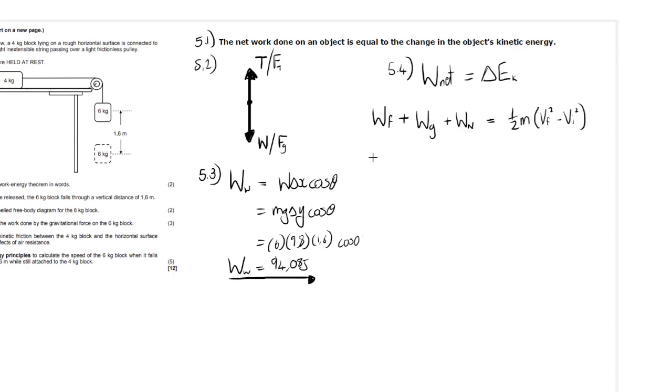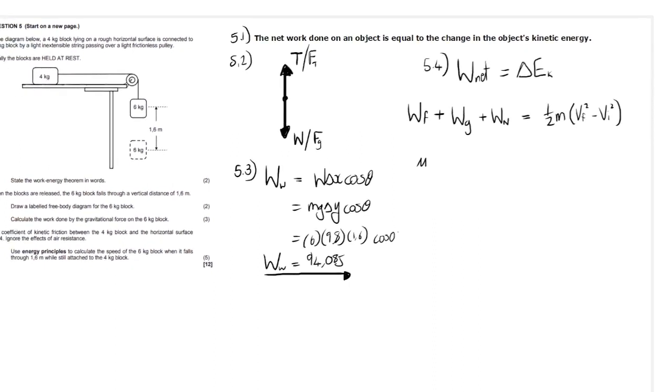We have the work done by friction. That would be the coefficient of friction, which they give us. The coefficient of friction given is 0.4. The work done by friction is the force of friction, so that's mu times normal, multiplied by the distance covered, multiplied by cosine of the angle between the force and the displacement.